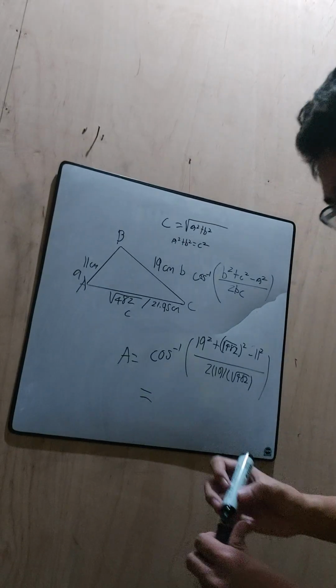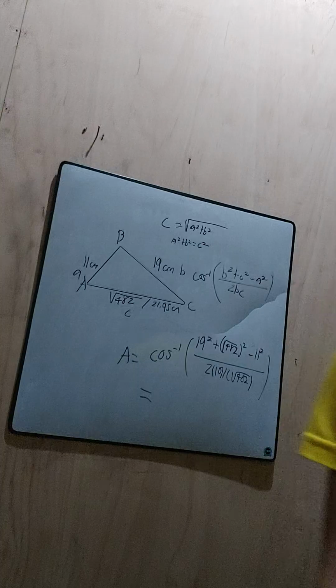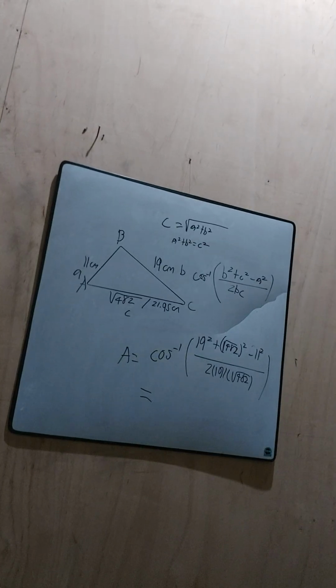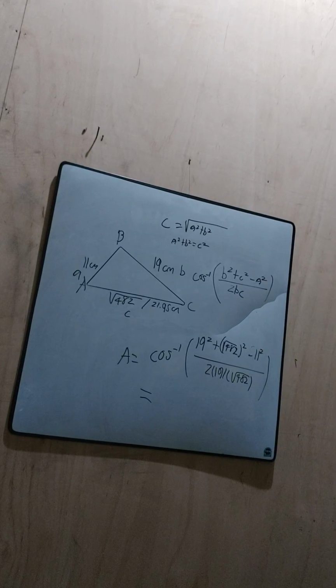Now let's use a calculator for this one. 19 squared plus square root of 482 squared minus 11 squared, and then 2 times 19 times square root of 482.